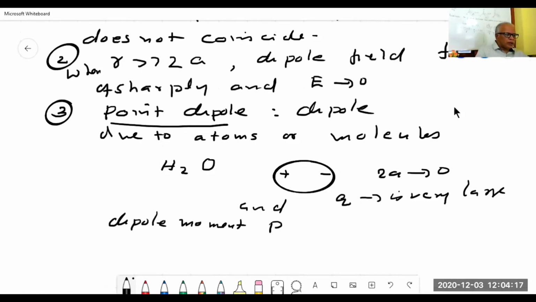P is definite. They are called ideal dipoles or point dipoles.